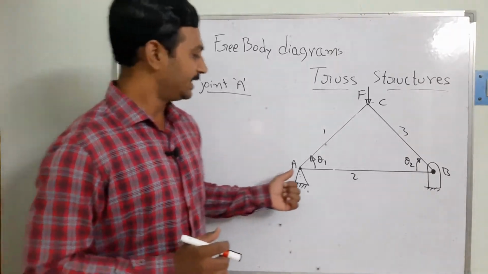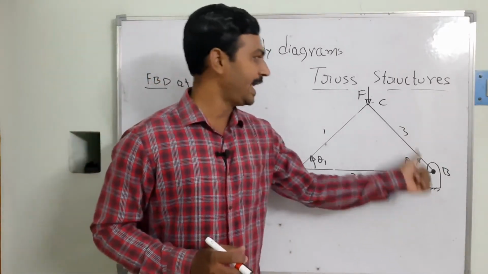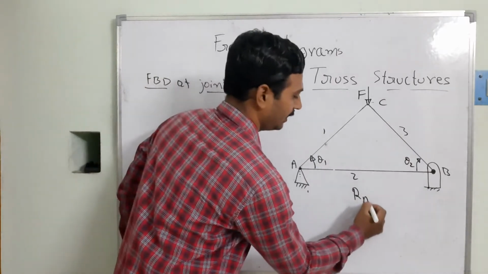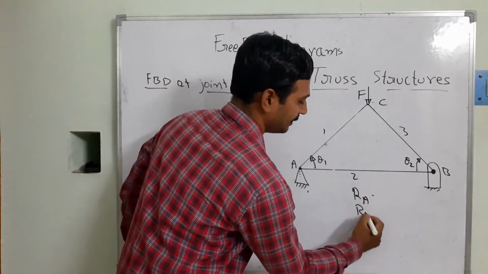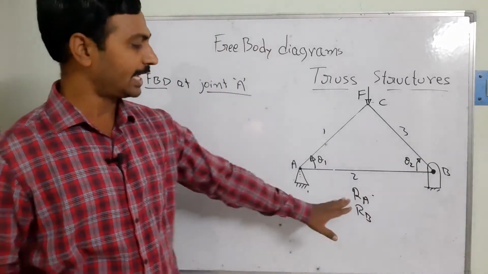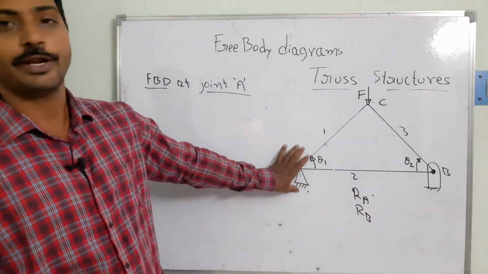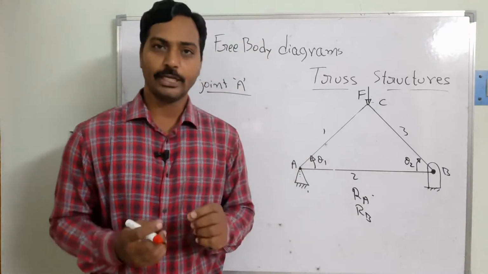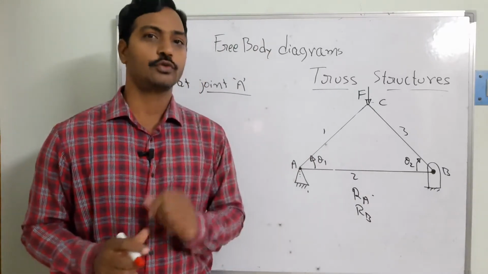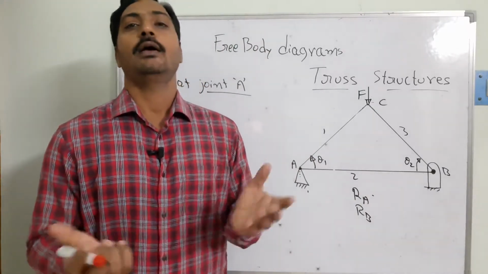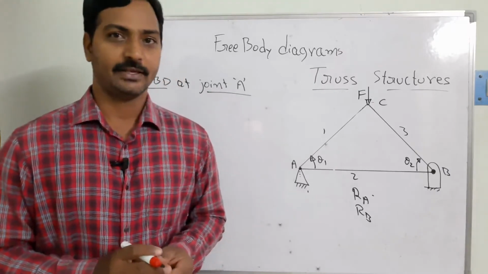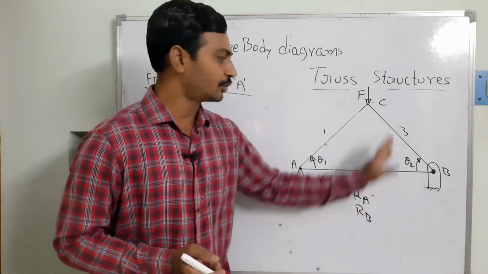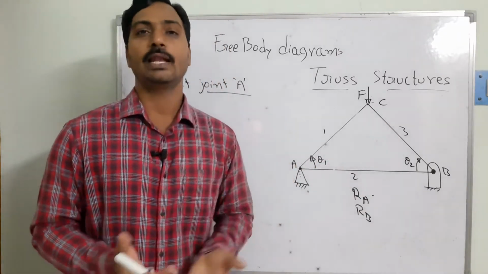There we can see there are joints at A, B, as well as C. In the previous free body diagram, we evaluated the magnitudes at A as well as B. Once we know that, I want to draw the free body diagram at A, because if you want to take the free body diagram for a joint, we must know at least one force at that joint, so that your calculations are very easy. You can take it at C, B or A, because now we know the three forces in this structure, so we can calculate easily.